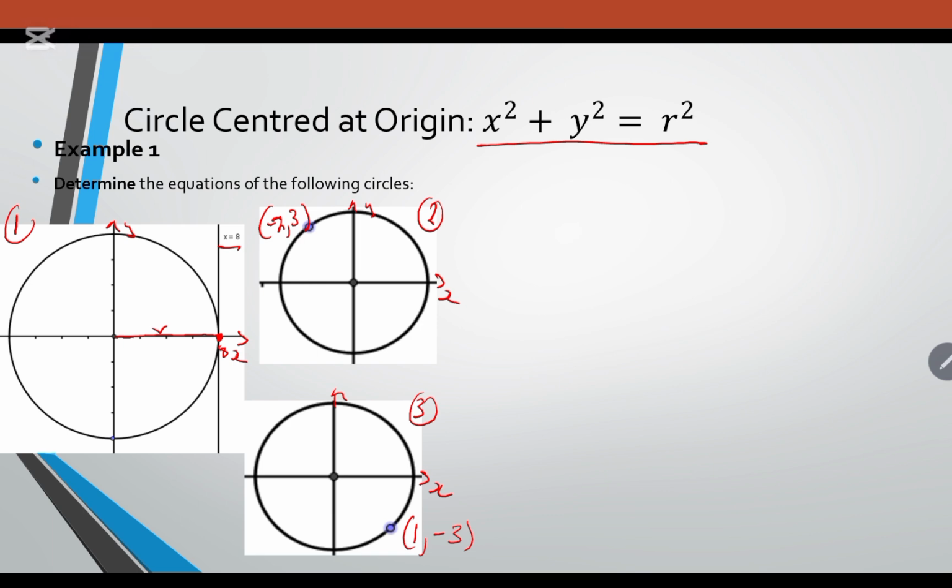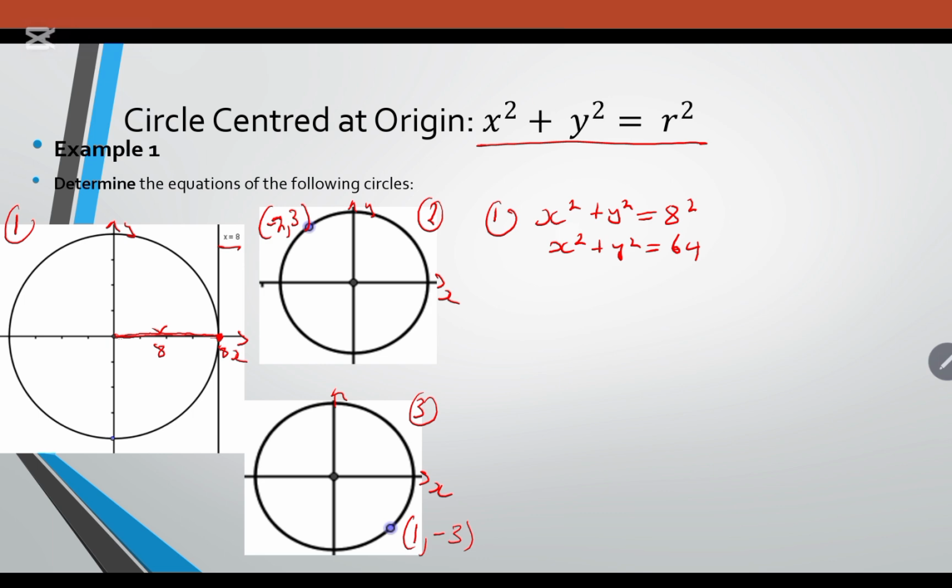This is the same as the horizontal distance from the origin right to the circumference of the circle. So that means the radius of the circle is 8 units. Therefore, the equation will be x squared plus y squared is equal to 8 squared. So this is x squared plus y squared is equal to 64.